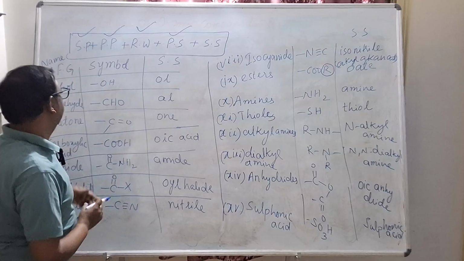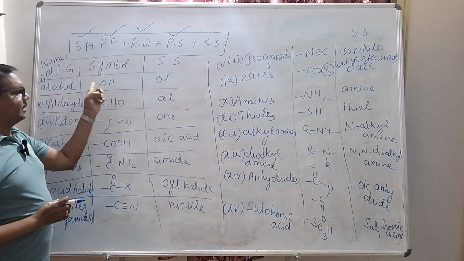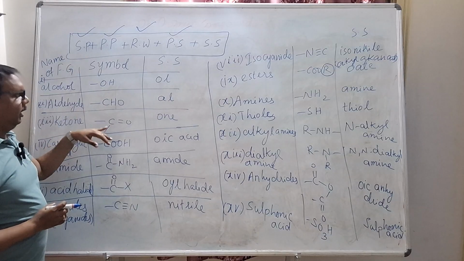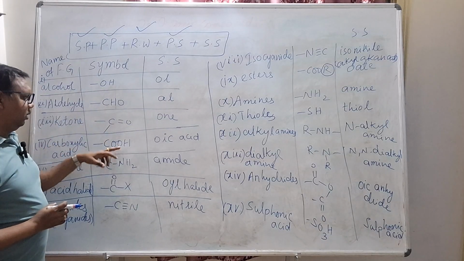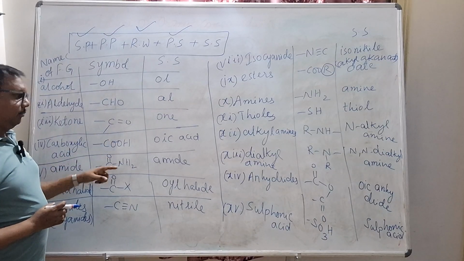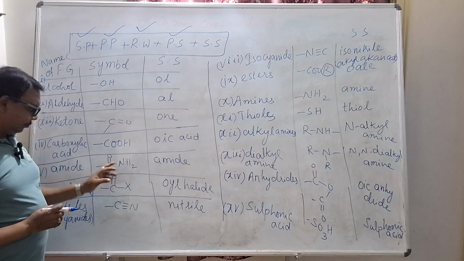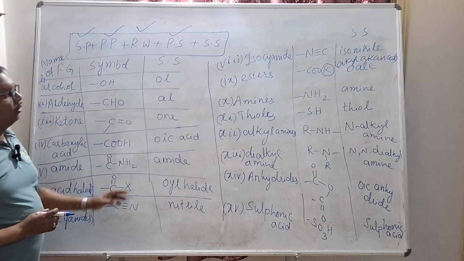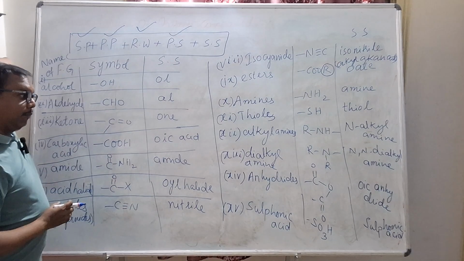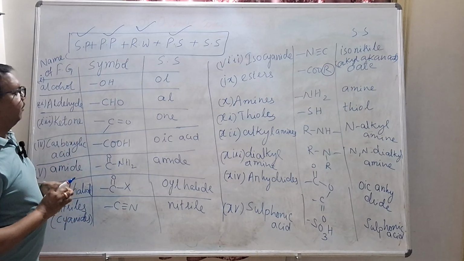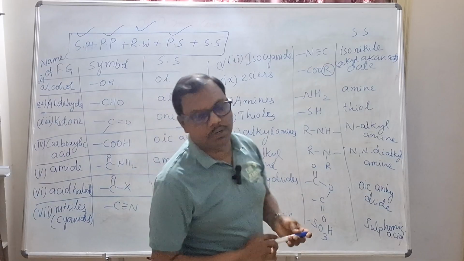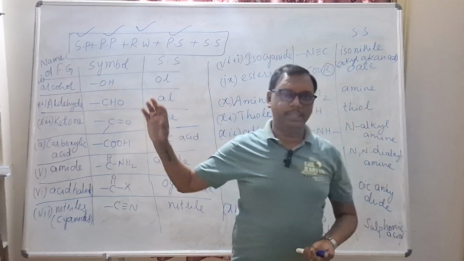Yesterday we went through the secondary prefixes: hydroxy, oxo or formyl, carboxy, carbamoyl, halocarbonyl, cyano. When we use a group as a secondary prefix or as a secondary suffix, we will go through it while writing names.